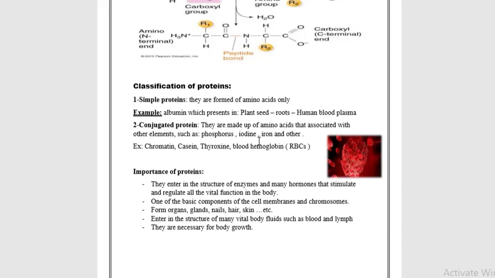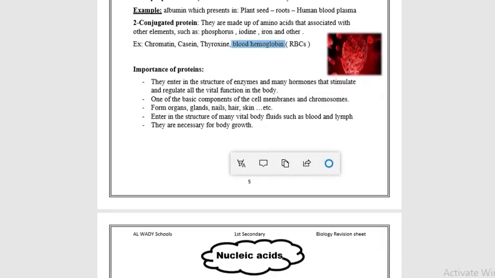They are made of amino acids bound with maybe another element like phosphorus, iodine, or iron. This is like the protein found inside your blood, hemoglobin, in red blood cells.